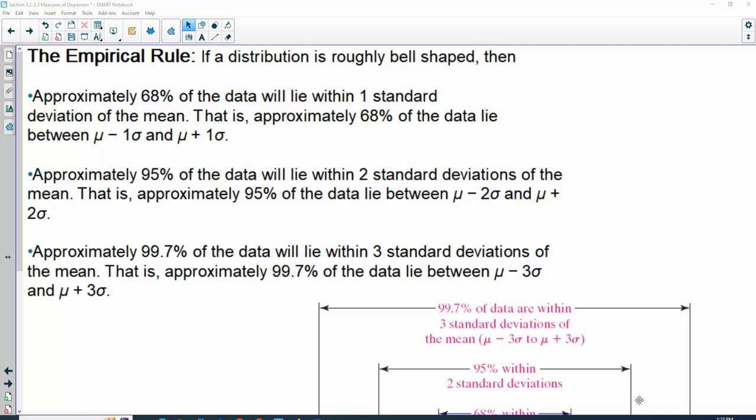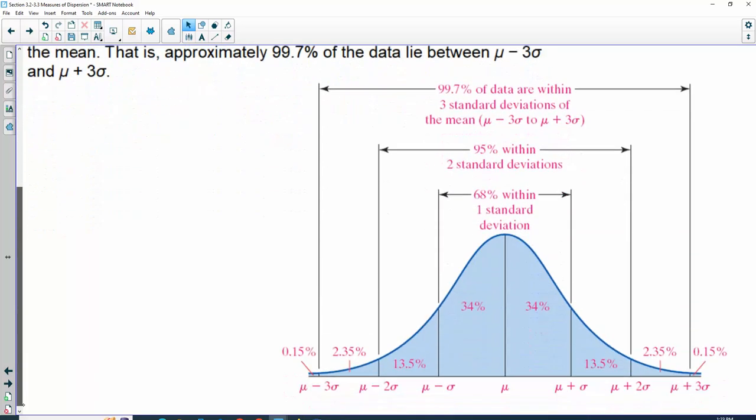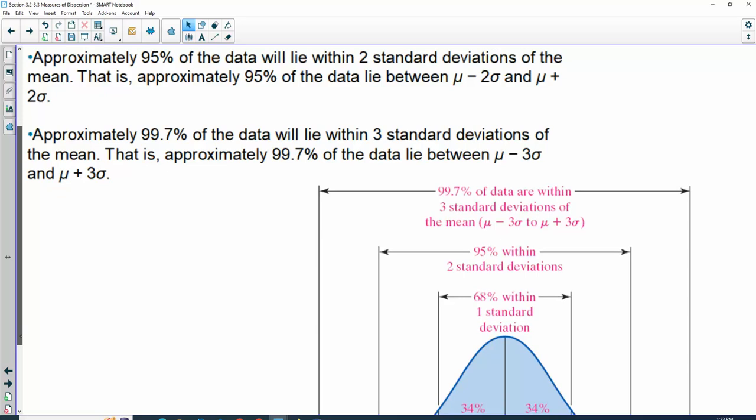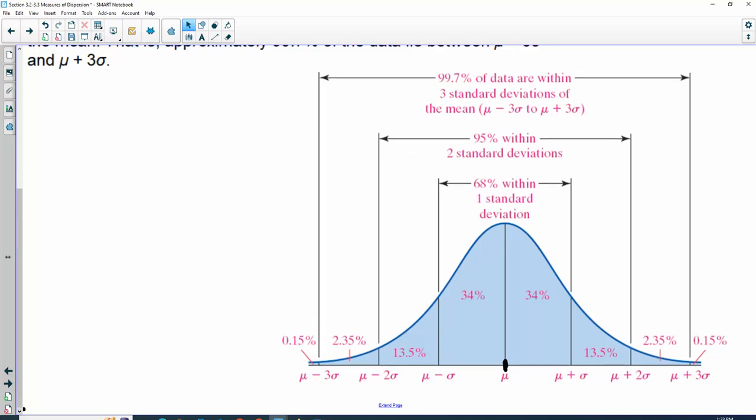But if we have bell-shaped data, then approximately 68% of the points would fall within one standard deviation of the mean. Okay, so if you think about the center, our mean, our mu is right here. One standard deviation. So for instance, let's pretend the mean were 25 and our standard deviation was 2.